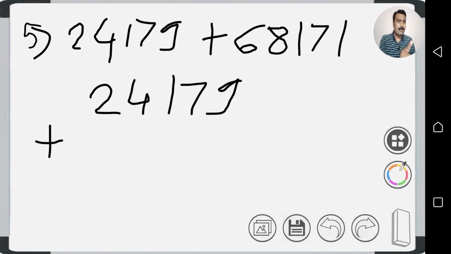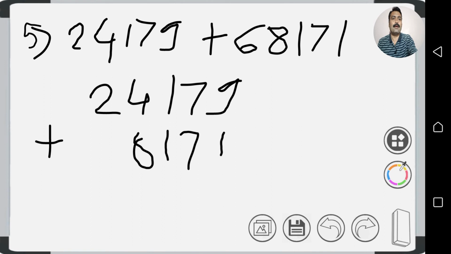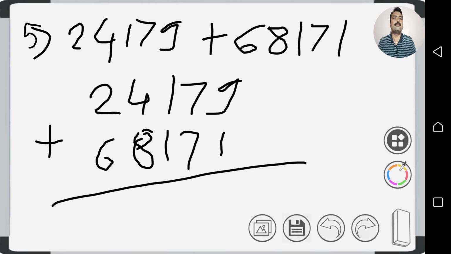That means instead of 6, we start the second number from 1, that is, from the 1's place. So 1 we take below 9. 7 we take below 7. 1 below 1. 8 we take below 4. Thereafter 6 we take below 2. So this is the proper vertical arrangement.